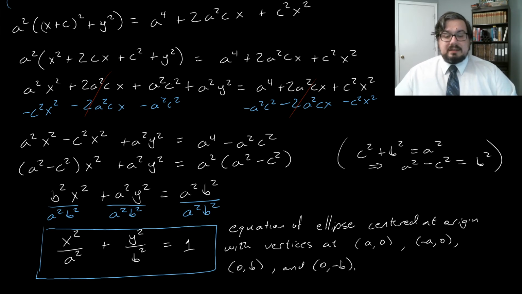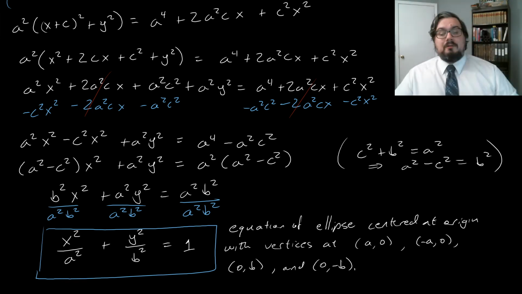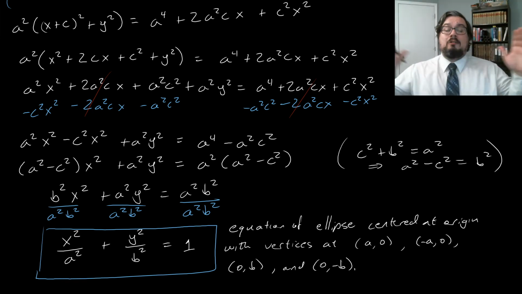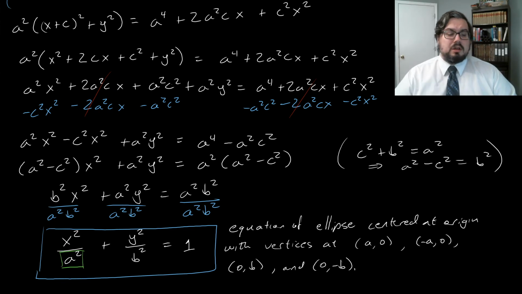Notice that we can read off from the equation which of the numbers involved correspond to the horizontal endpoints of the ellipse by looking at which numbers are in the denominator of the x squared term.